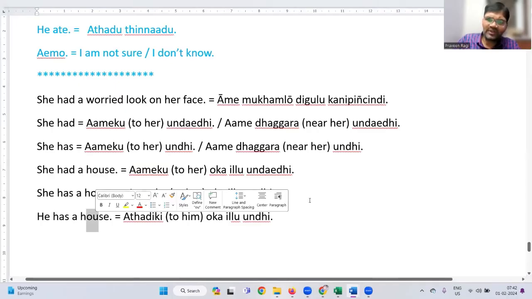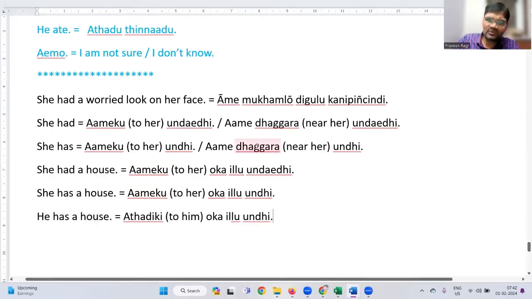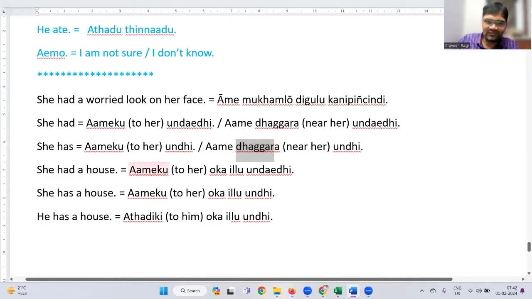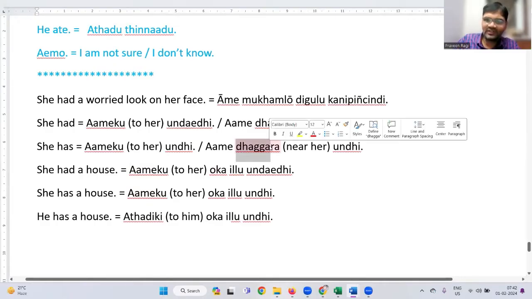Then sometimes we use deggara also, but when to use deggara, when to use ki? If you look here, sometimes if we use ku or ki, we don't need to use deggara. If deggara, we don't need to use ku.